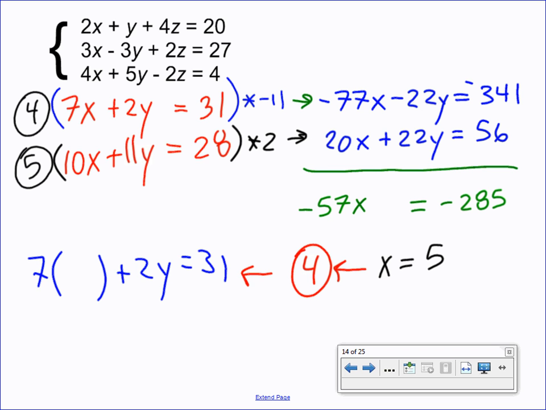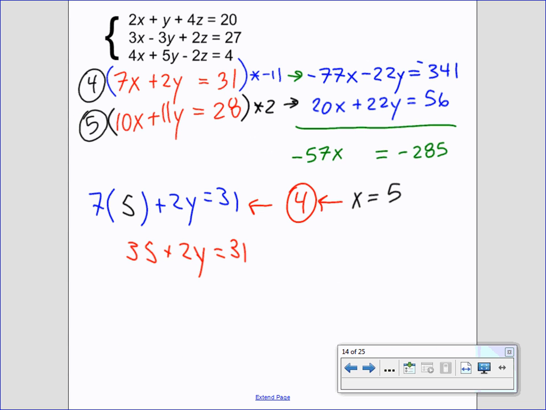Except in for x is going to go 5, what we just found. So 35 plus 2y equals 31. Subtraction isolates the y term and gets 2y equals negative 4. Division solves for y, and I get y equals negative 2.